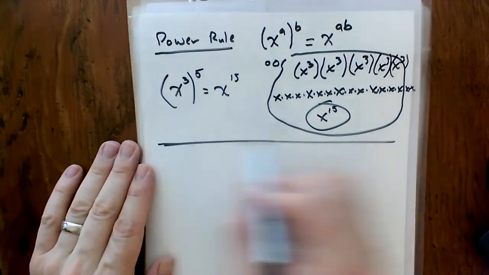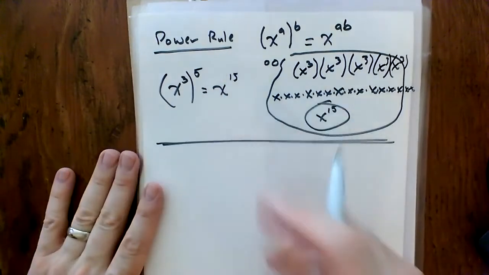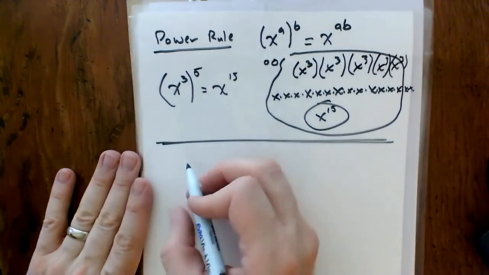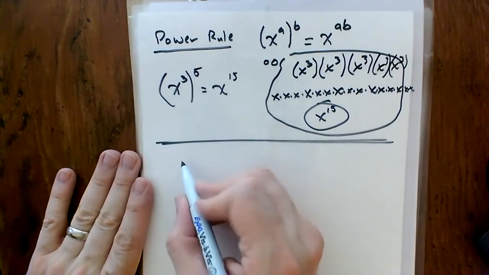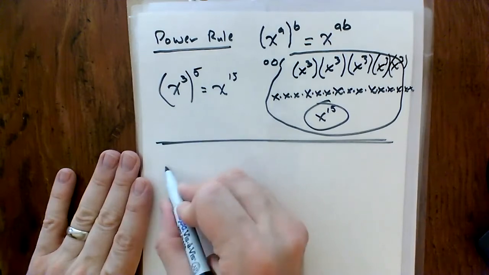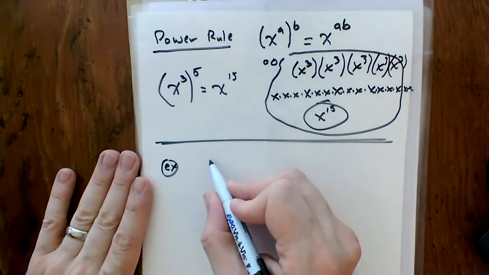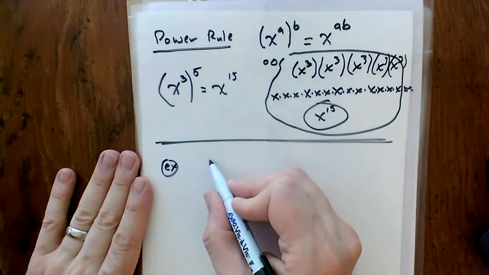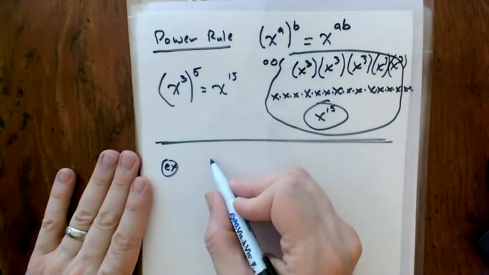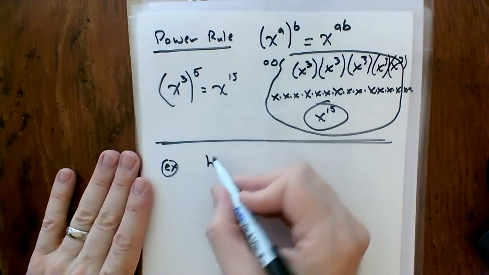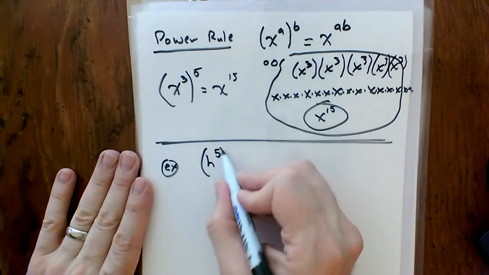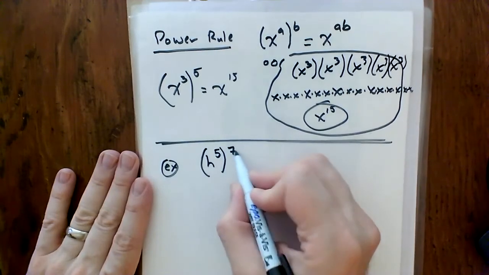And this is kind of cool. We can actually put this together with some other things. So, you know, just doing some examples here, I could do h to the 5th and do this whole thing to the 7th power.